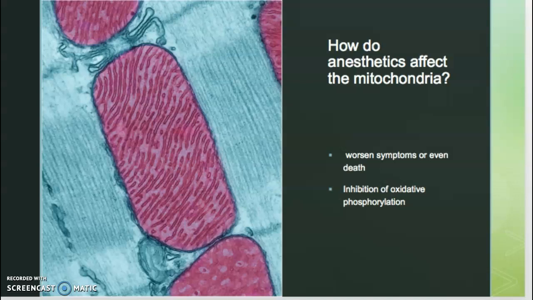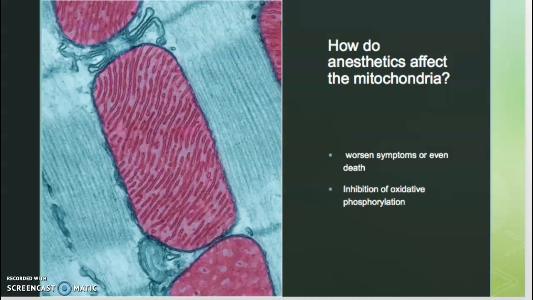If you have a respiratory problem because of a mitochondrial disease and you take an inhalant, let's just say isoflurane, that will worsen the asthma, that will worsen any kind of immediate lung issues that are there. And mainly what is happening is the inhibition of generating ATP that we see in the mitochondria.